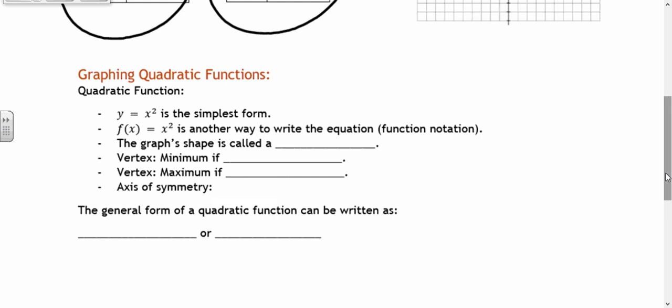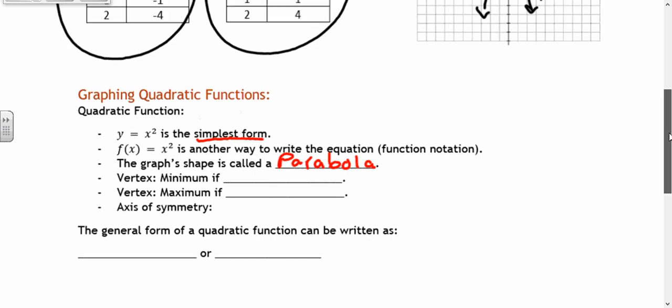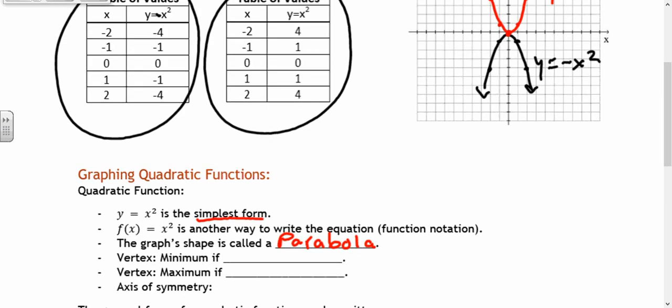So y is equal to x² is the simplest form of a quadratic function that we will ever deal with. f(x) is equal to x² is another way to write the equation. This is function notation. We should remember this from grade 10. The graph shape is called a parabola. There is a vertex, that is this point right here.